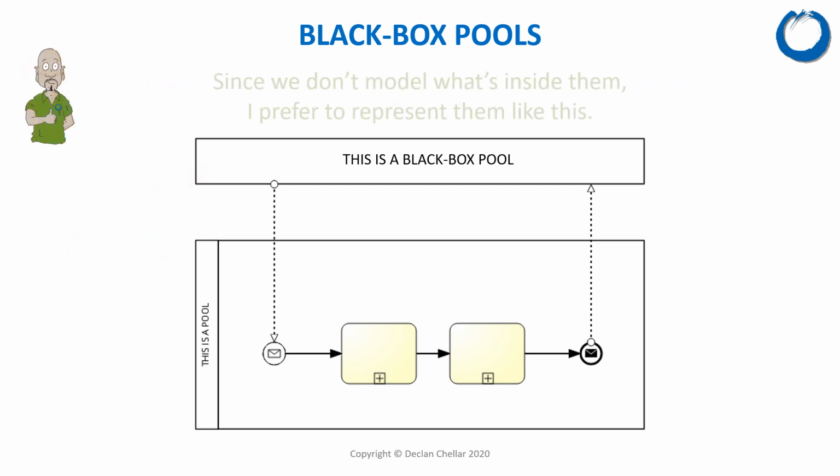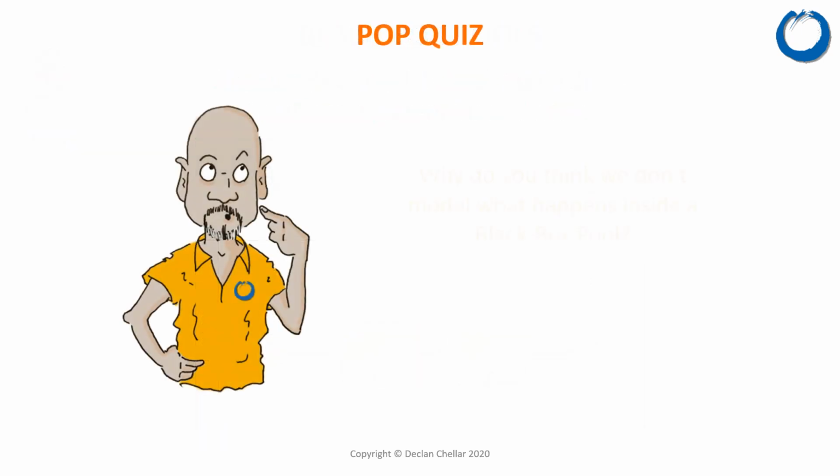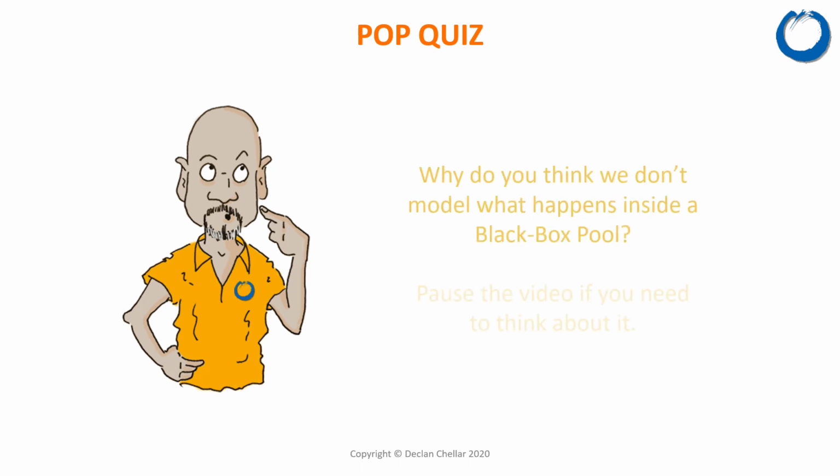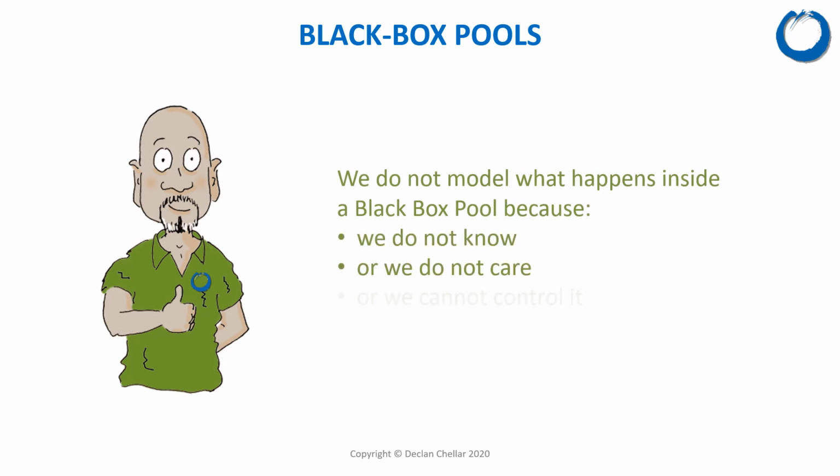Since we don't model what's inside them, I prefer to represent them like this. Why do you think we don't model what happens inside a black box pool? Pause the video if you need to think about it. We do not model what happens inside a black box pool because we don't know, or we don't care, or we cannot control it.